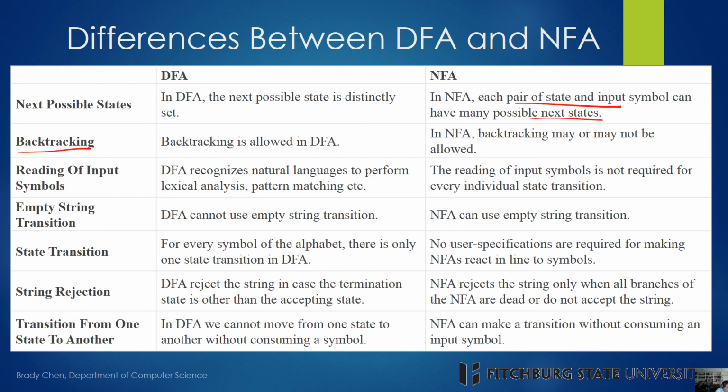And backtracking is allowed in a DFA. That means if the current state is A, then with a certain input the next state is B, and then in state B, for a certain input, we can go back to the previous state. In an NFA, backtracking may or may not be allowed.